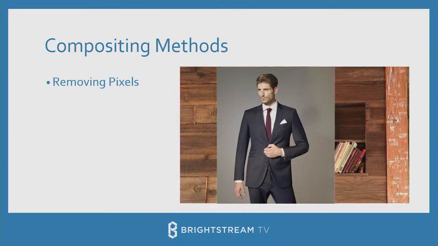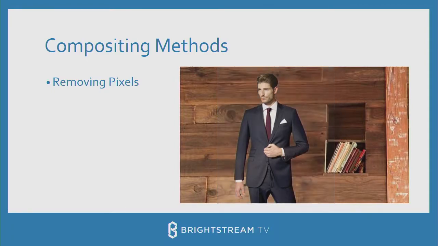So in the little sample here you see, and I'm going to show you exactly how to do this, I have my model here, and that is one photograph, and it's laid on top of this background photograph, the wood back there in the back with the books. And so what we want to do is we want to remove the pixels around the model so that it looks like our model is in our environment.